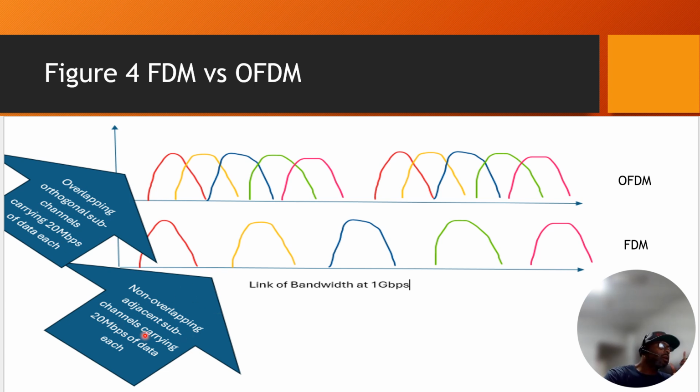You multiply that by 5 subcarriers and your throughput is 100 megabits per second on this 1 gigabit link. The line above that one represents OFDM. Using the same 1 gigabit per second bandwidth, you see that the OFDM modulation technique increases throughput by making better usage of the bandwidth. That imagery shows at least double the throughput, but could be more throughput depending.